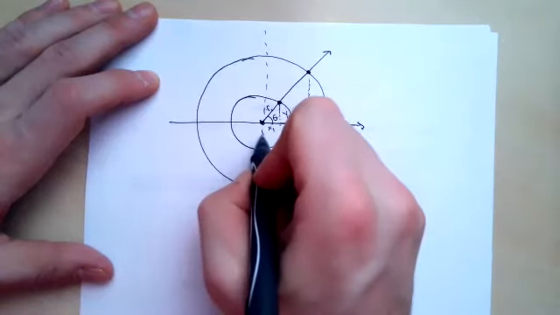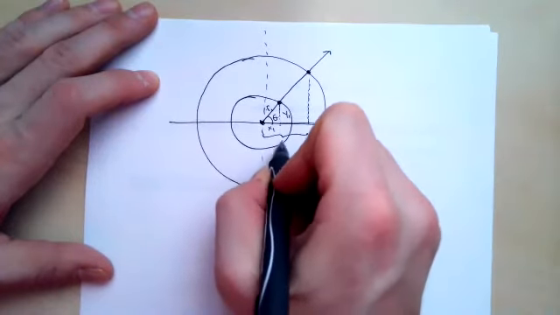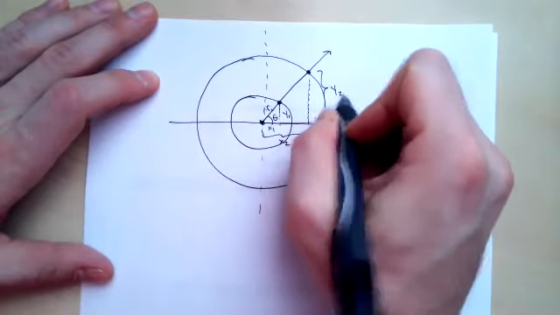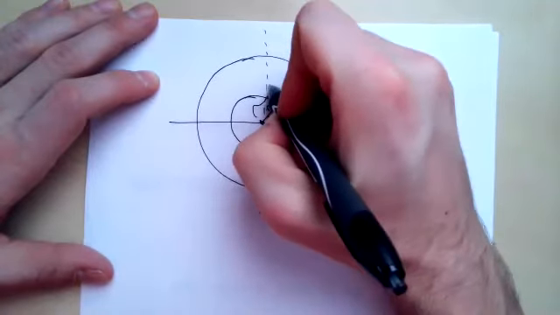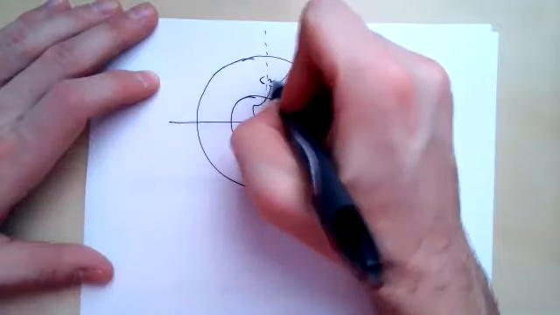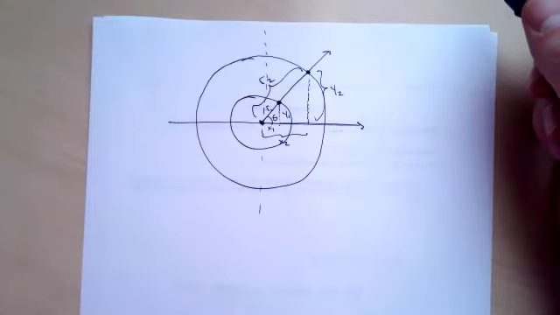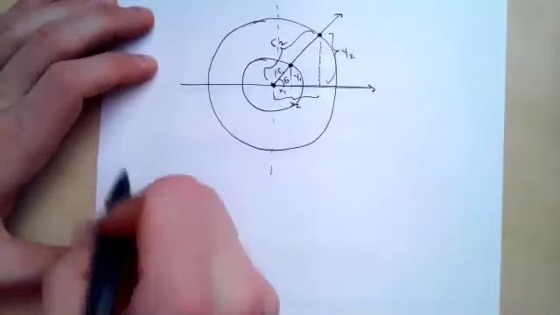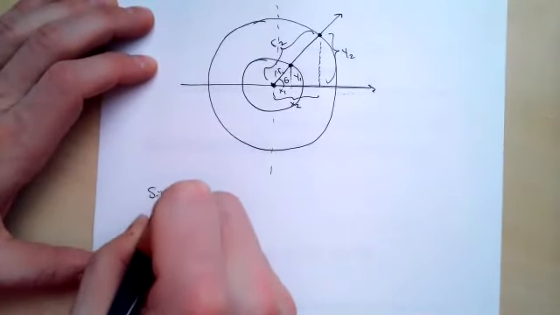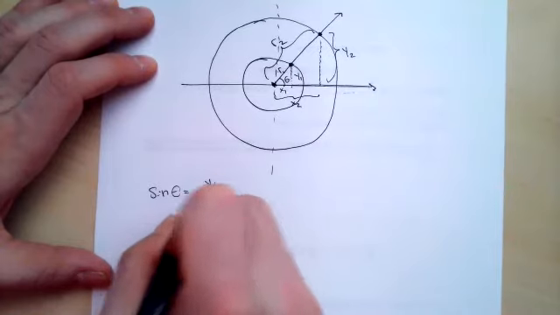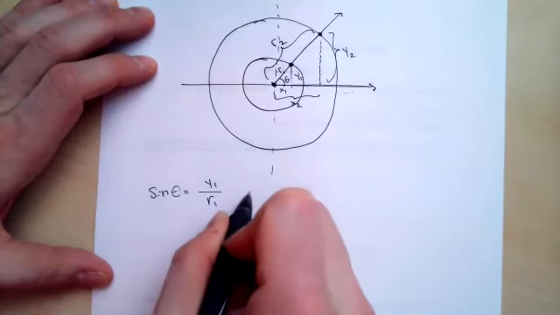And then for the outer triangle, call them x2, y2, and the bigger radius, r2. And what we said was that sine of theta is y1 over r1.